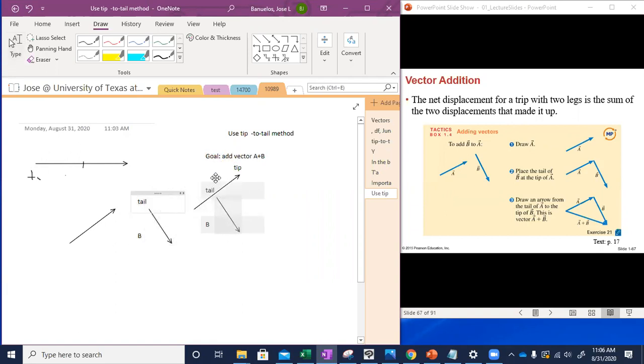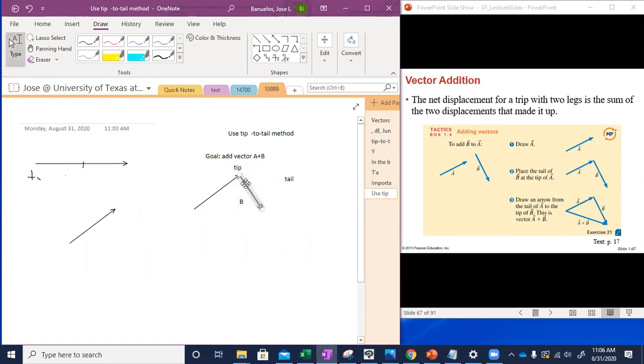Tip to tail means you write down A first, and to the tip of A, you connect the tail of B, so that they touch.